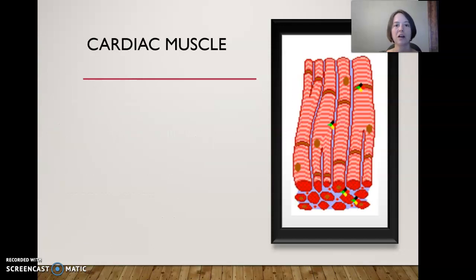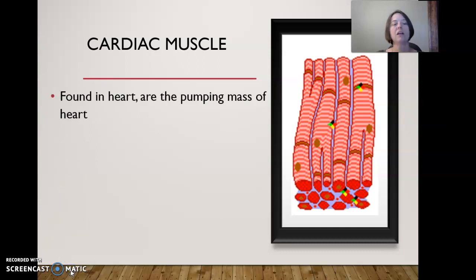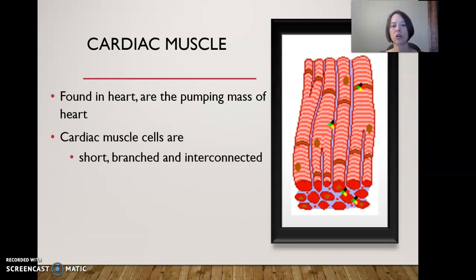The third type of muscle tissue is cardiac muscle, and those are found in the heart, and they are the actual pumping mass. The mass of your heart is made up of cardiac muscle. Cardiac muscle cells are short and branched and interconnected.